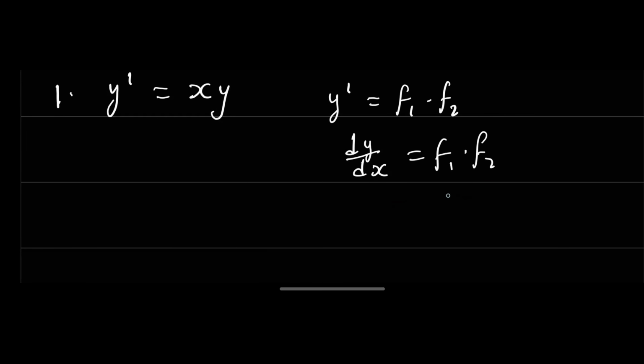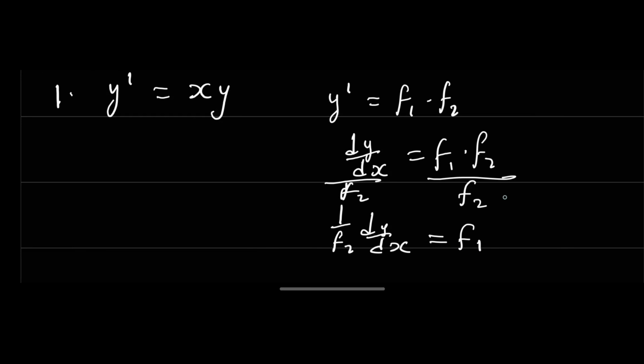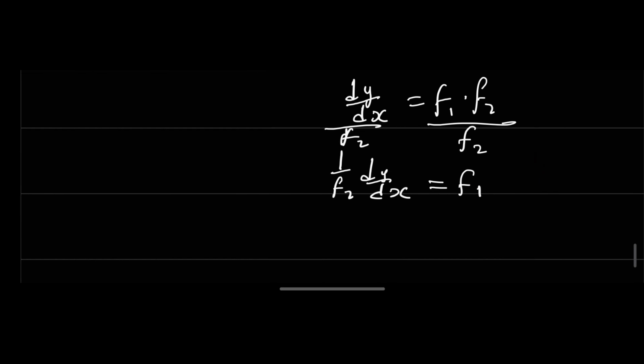So let's do it step by step. If we divide both sides by f2 of y, we should get 1 over f2 dy dx equal to f1. But remember, of x. I'll write it at the end so that you don't lose focus.